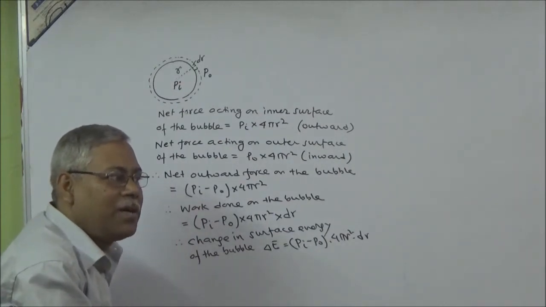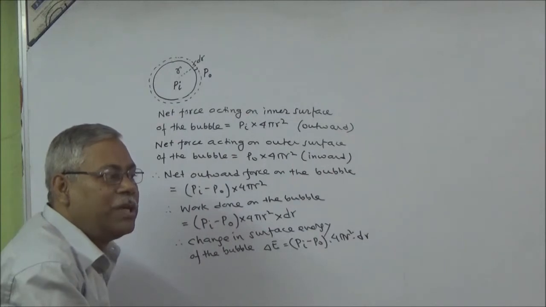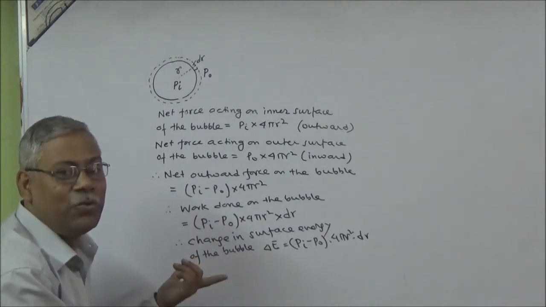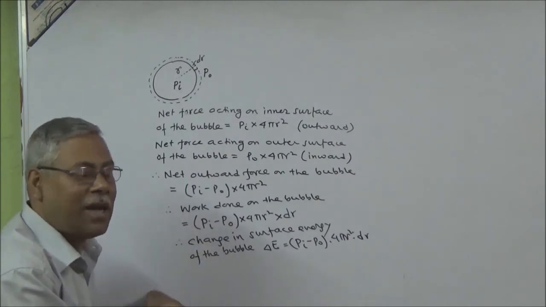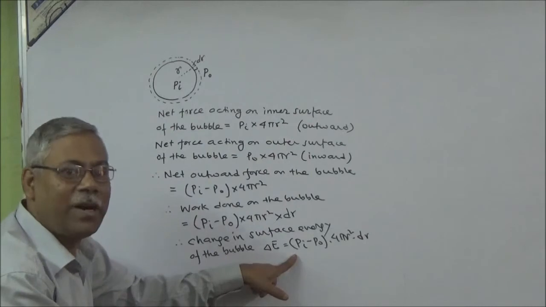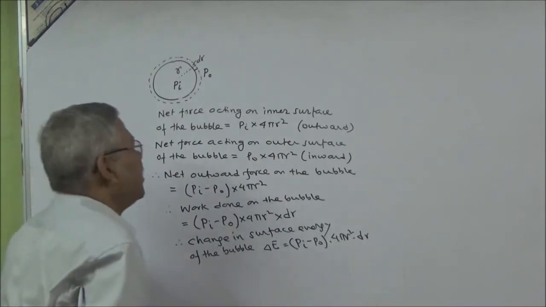What is that formula? Del E equal to T into del A. So now we'll find del A, find T into del A, and make an equation using this.